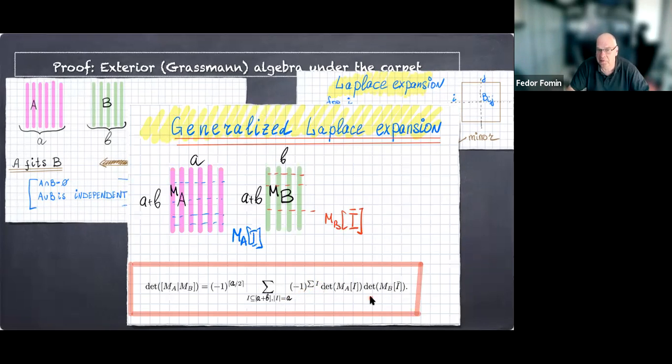This is just the formula. If I have these two matrices, I can compute the determinant of the new matrix with this formula.